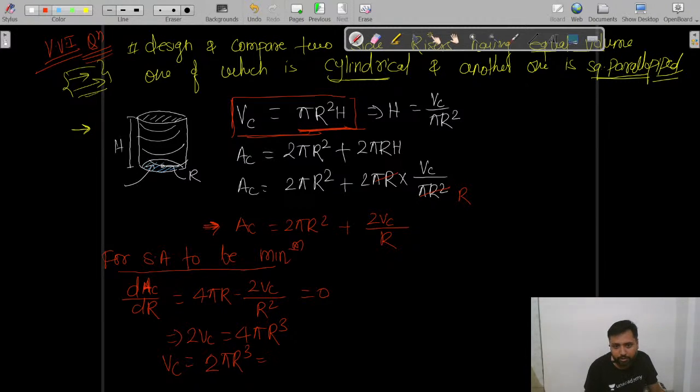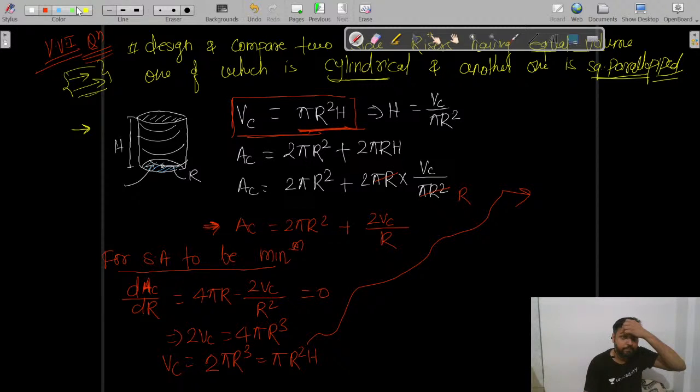So 2 pi r cube must be equal to pi r square h as well. Now, dear students, from here, what do you get? Pi r square cancels, and h becomes equal to 2r.